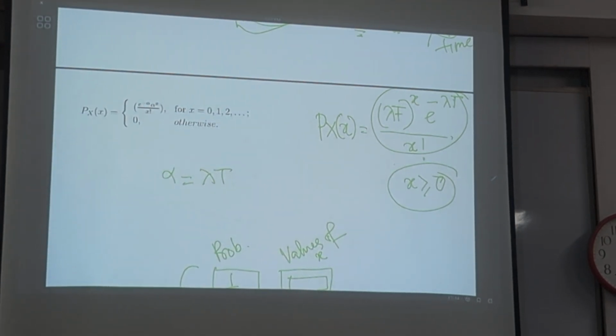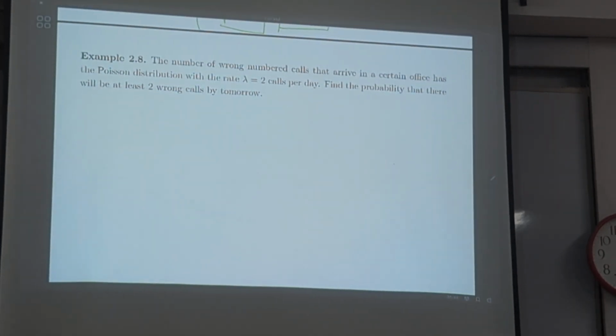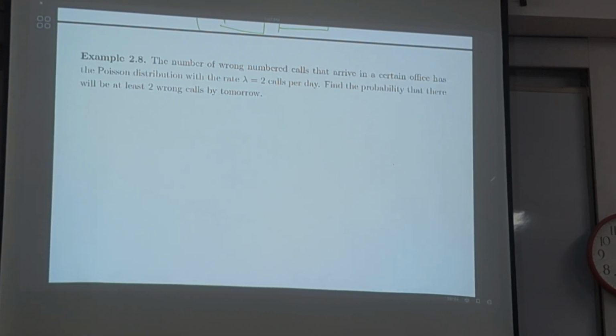For what type of problems can you use this? Let us consider a very simple example. The number of wrong-number calls that arrive at a certain location follows a Poisson distribution.